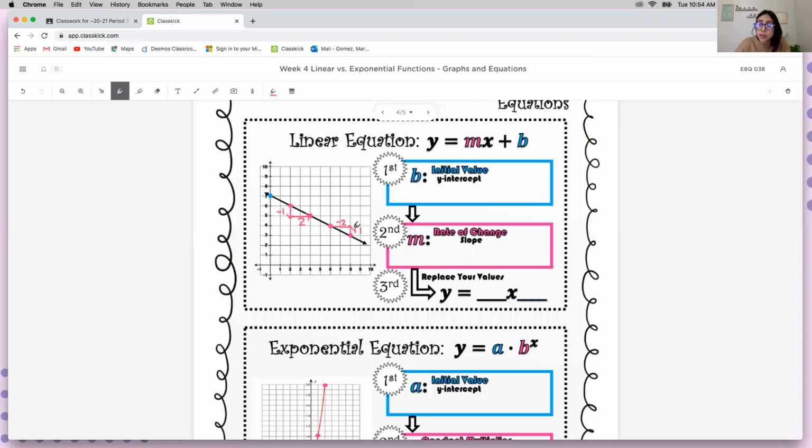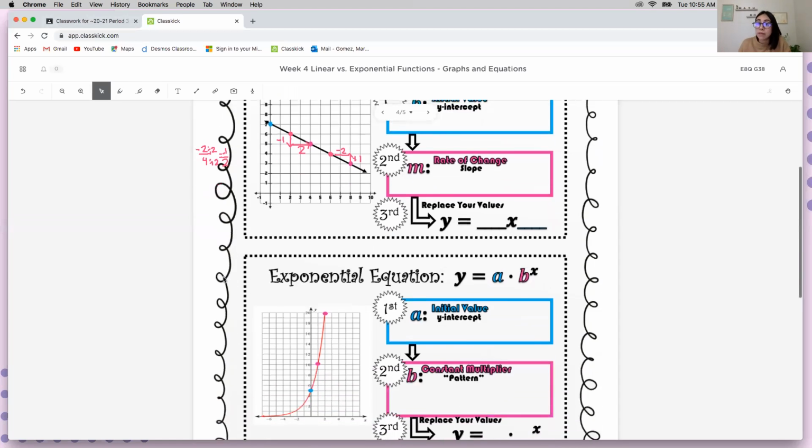If you decided to use the points that were far away from each other, you probably got -2/4, which just means we have to simplify that by 2. And that gives you a -1/2. And that's what happens when you pick points far away from each other. Try to find perfect corners that are close to each other. Okay, let's go ahead and drag those pieces over, but I'm very glad you brought that up.